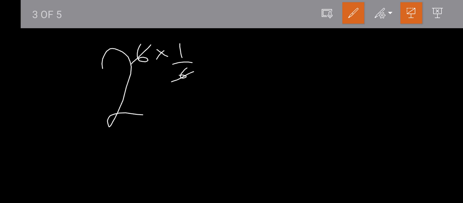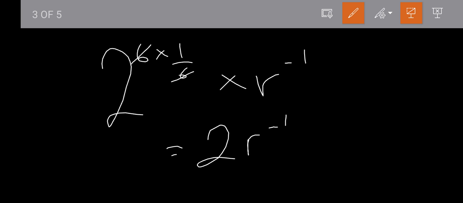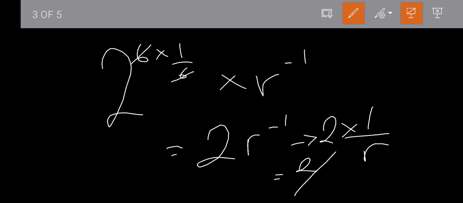So 6 will cancel 6, times r raised to power minus 1. So my answer is 2r raised to power minus 1, which means 2 times 1 over r, negative index, which is equal to 2 over r in the simplified form. And that is my final answer.